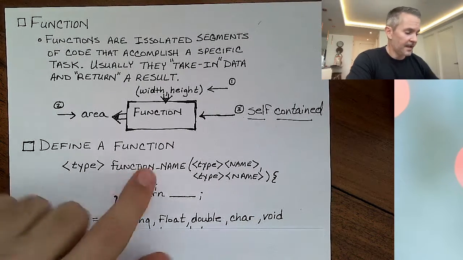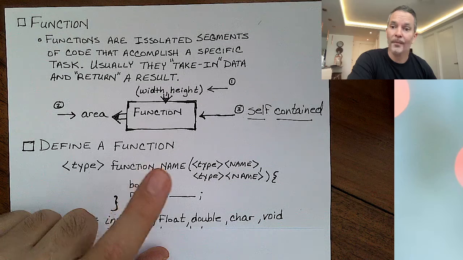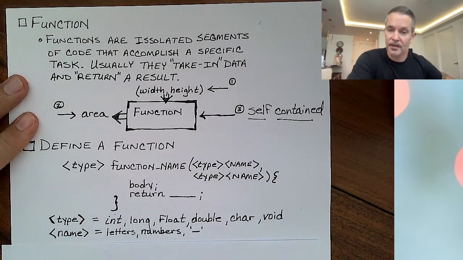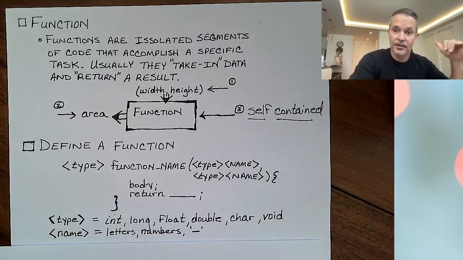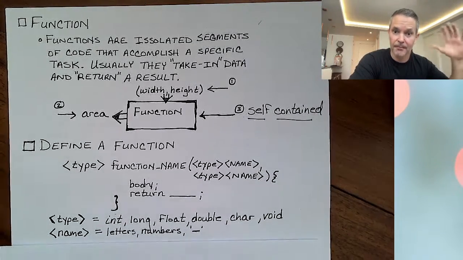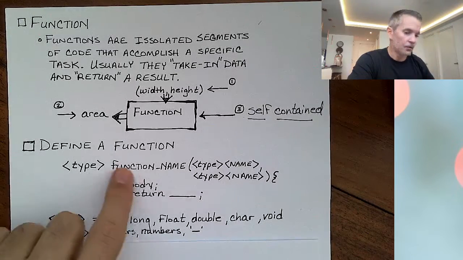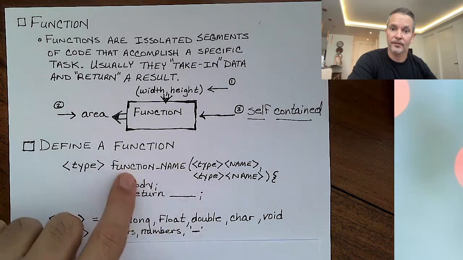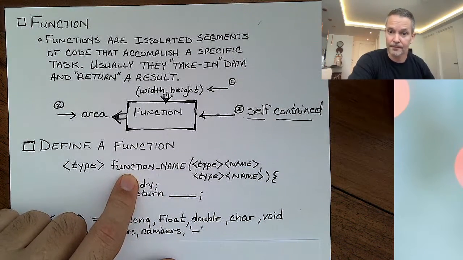The next thing we do is we give the function a name. The rules for naming functions are just like variables. They can be letters, numbers, and underscore. No spaces, and it must start with a letter. So we define a name for our function. This is how we will refer to it in the rest of the program.